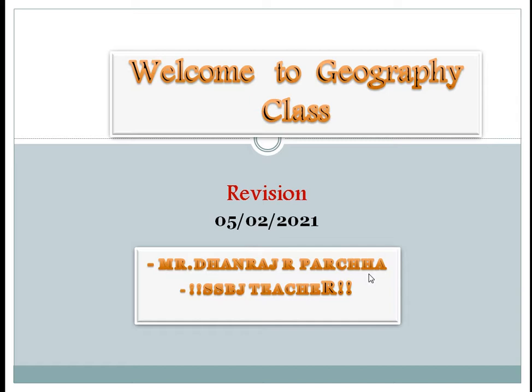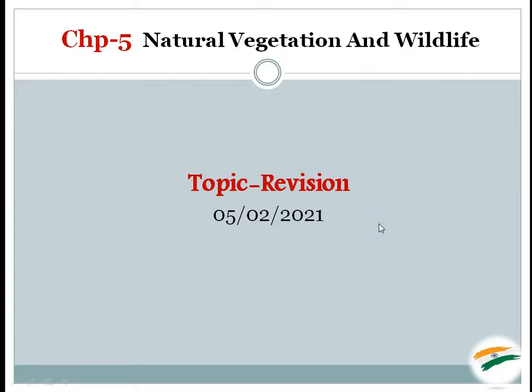Here we are in the revision. In this revision flow, we are going to see the upcoming point of chapter number 5, Natural Vegetation and Wildlife. First, in our previous part, we had seen the introductory part of natural vegetation and wildlife.